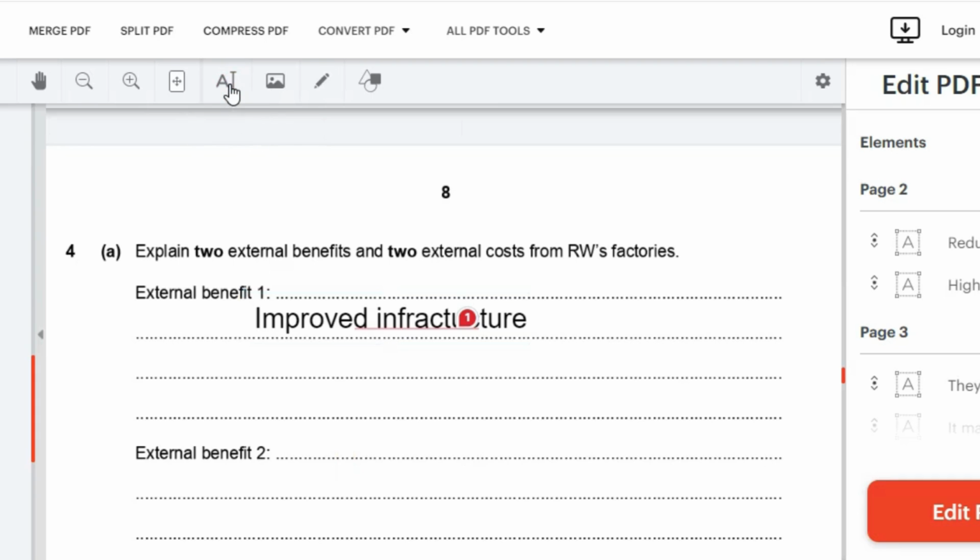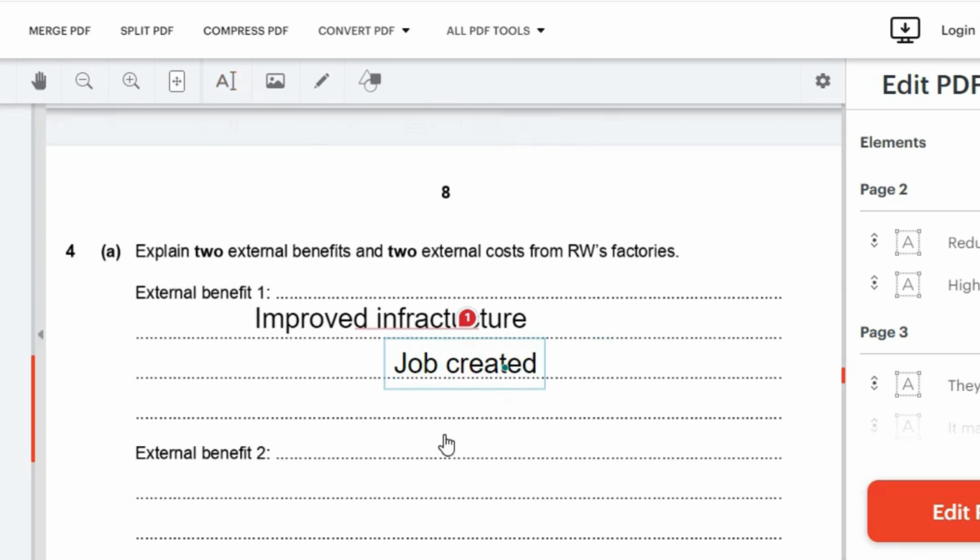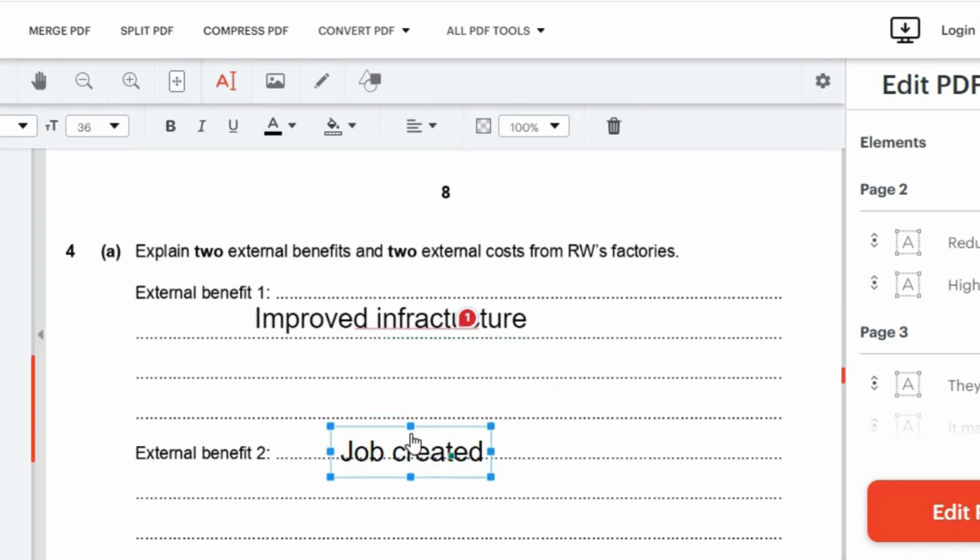Let's write it out. The job created. How does this job created serve as an external benefit? Of course, in the local area from the building of the second factory, the job created might be an external benefit to the company.